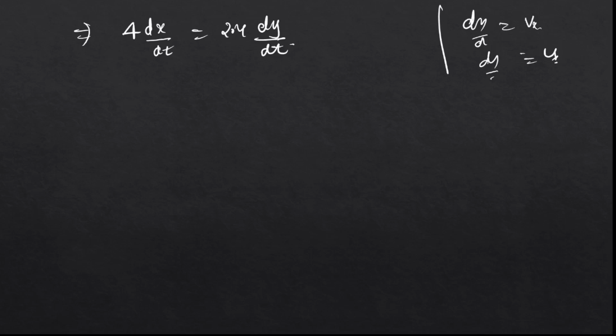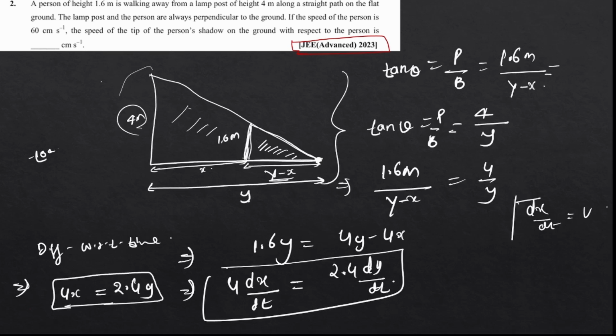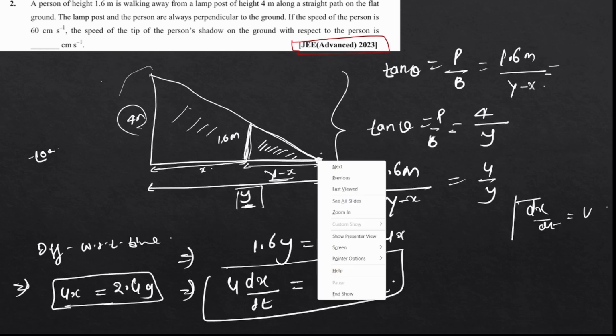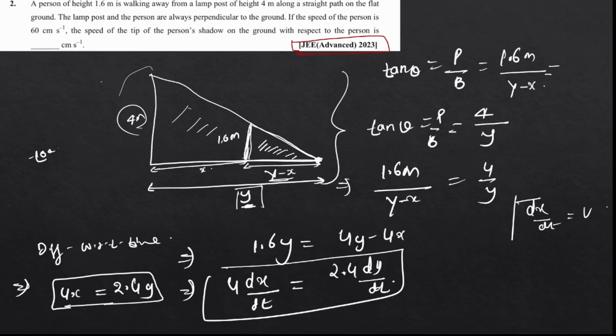See here, velocity means change in displacement with time. We have read all these things in detail in the last session. So what is y? Y is changing. What is dy upon dt? Dy upon dt is the velocity of this particular tip, the tip of the shadow of that man.